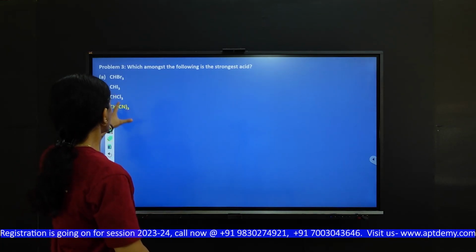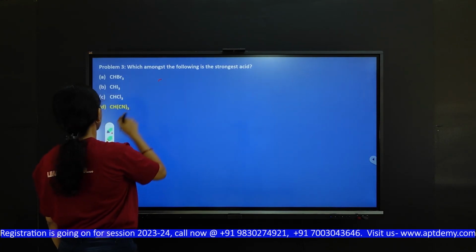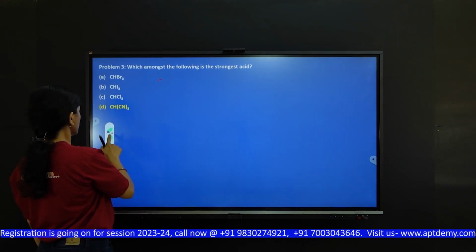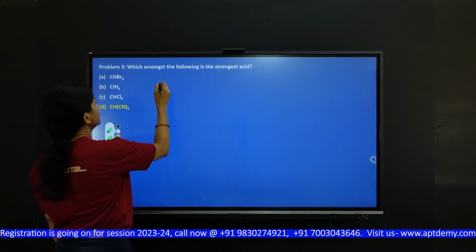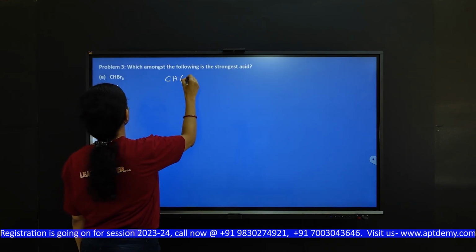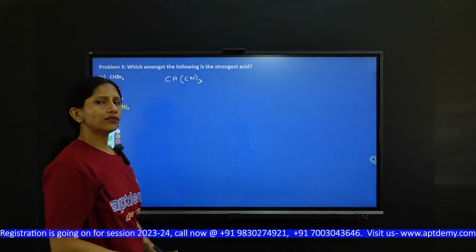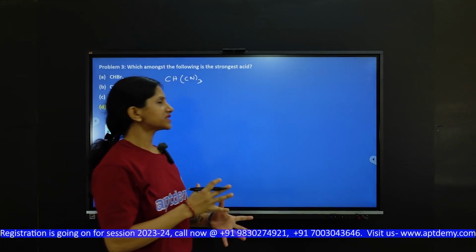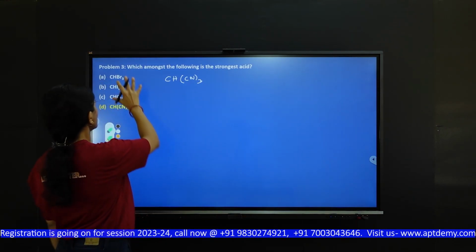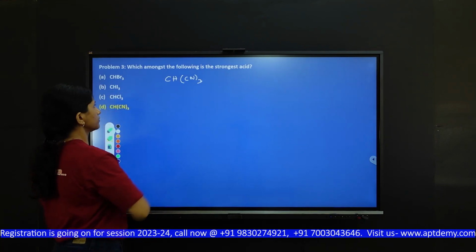So if you check the molecules carefully, you will be able to see that this CH(CN)3 will form the most stable conjugate base among the given acids in this problem.